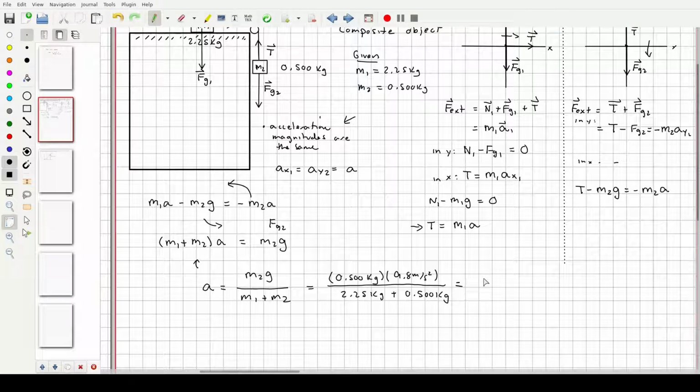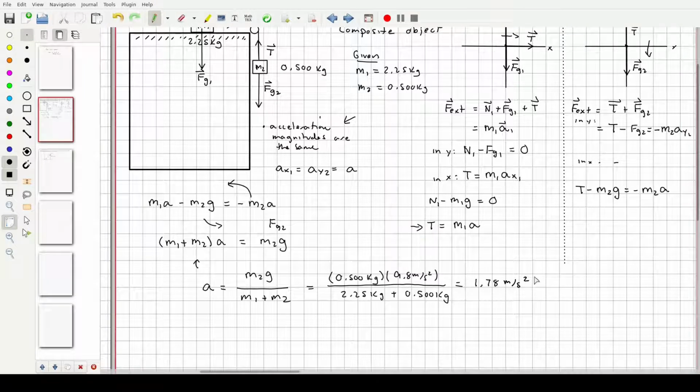Now, let's go ahead and do the math here. 0.5 times 9.8 divided by 2.25 plus 0.5. And I get 1.78 meters per second squared.